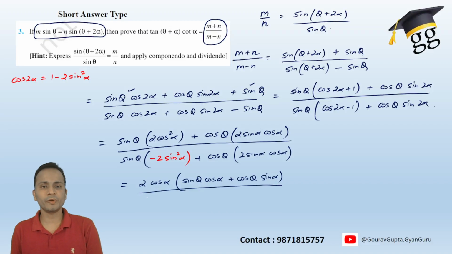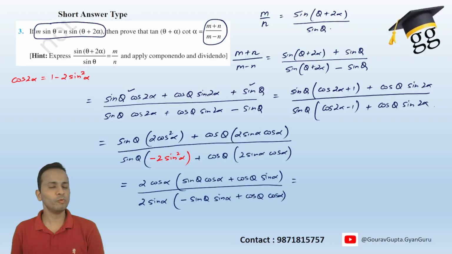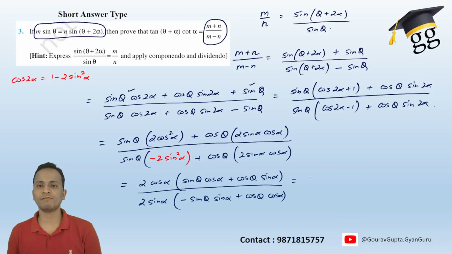From the denominator you can take 2 sine alpha common, and after taking this common I will have minus sine theta sine alpha plus cos theta cos alpha. Now 2 will get cancelled, numerator and denominator. Cos alpha upon sine alpha will be cot alpha.